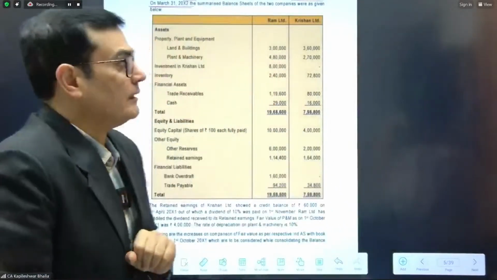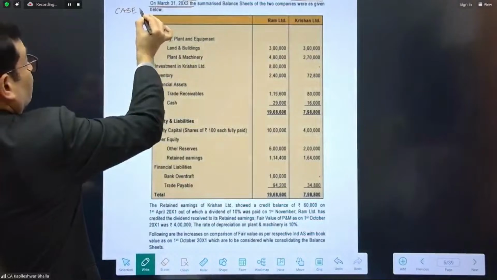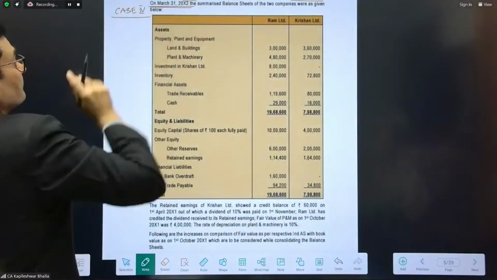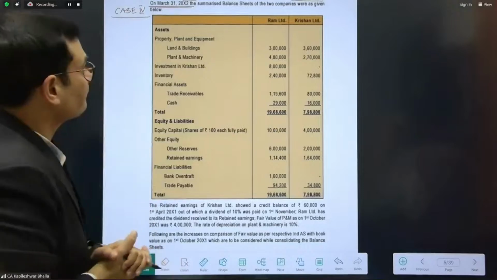The acquisition date is 1st October, the balance sheet is 31st March, and there is a 60% stake, so it becomes a case 4. There is a consolidation later with an NCI, so this is indirectly my case number 4, which I gave you last to last class perhaps. So this is the case 4, NCI with a consolidation later.